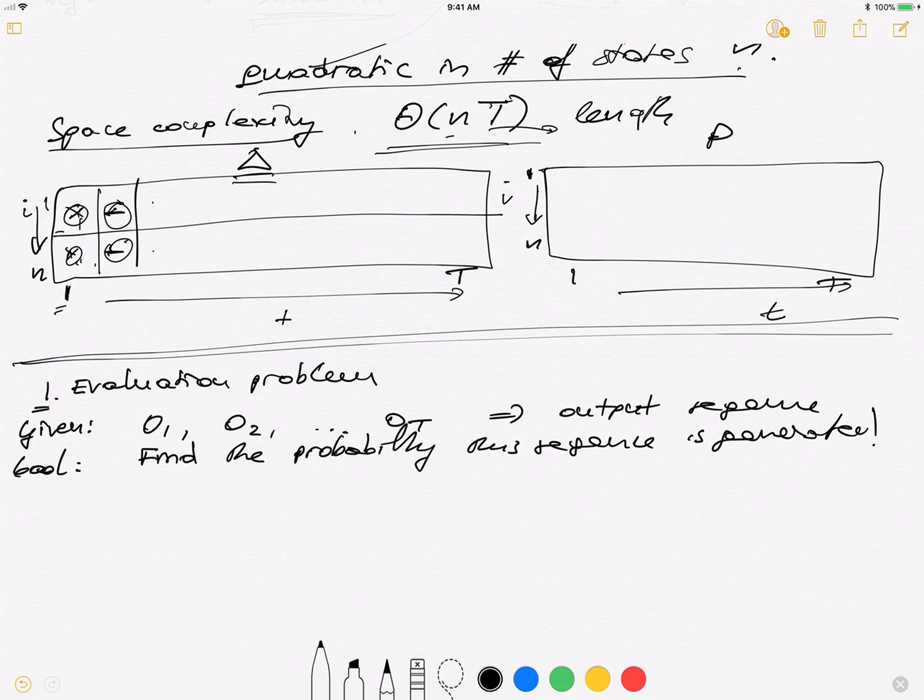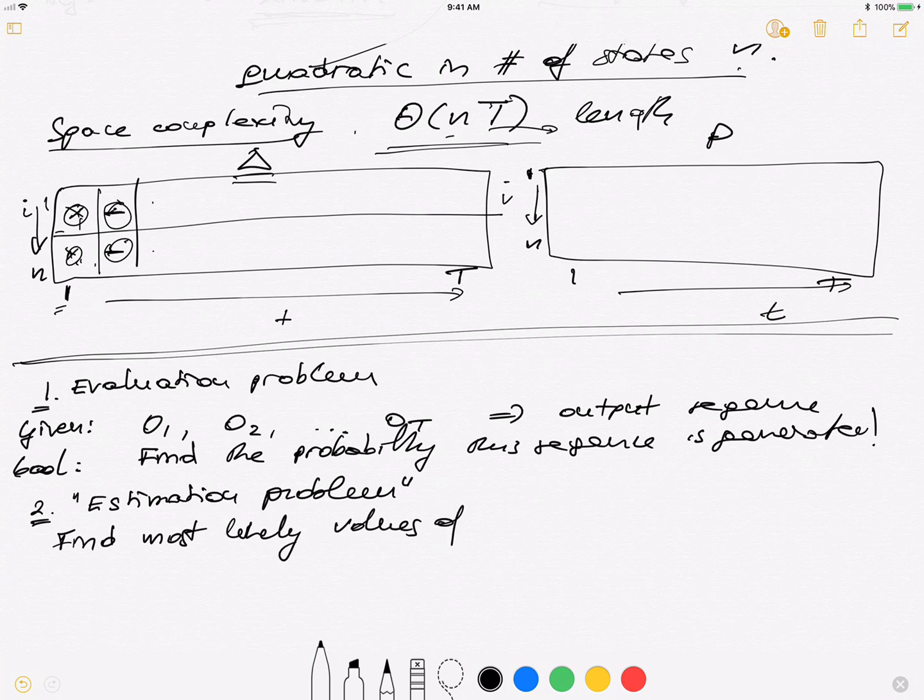The second problem is the estimation problem. The estimation problem actually asks to find the most likely values of model parameters.